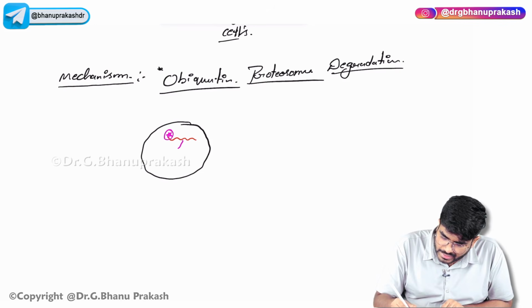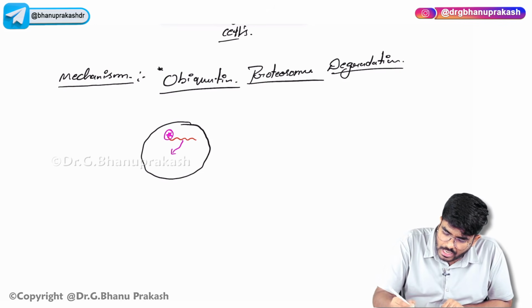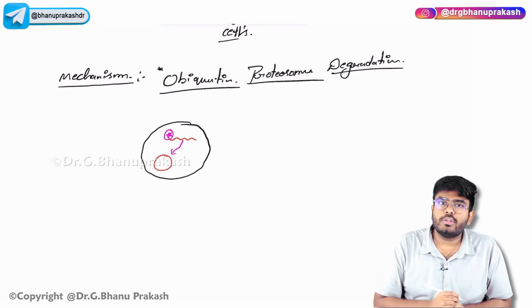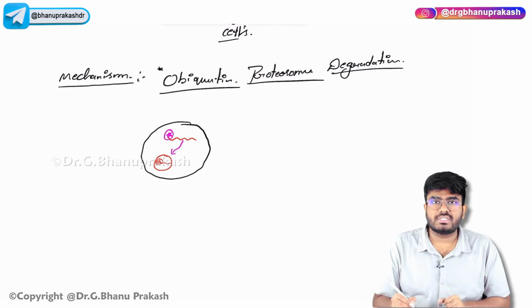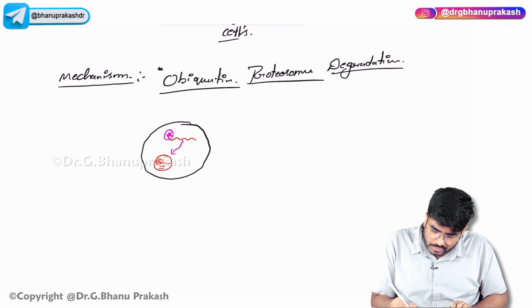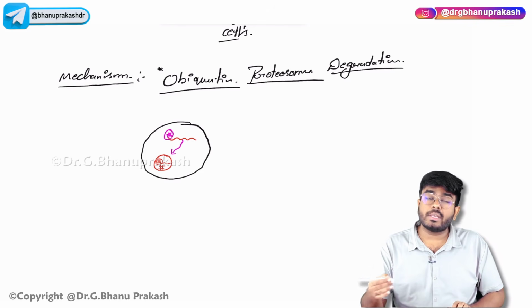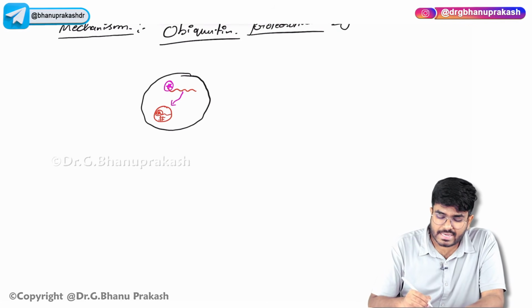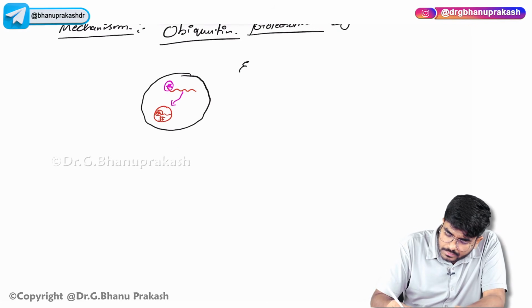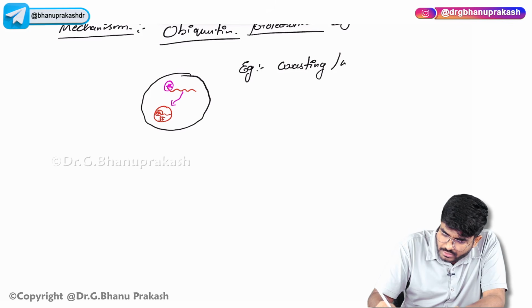The ubiquitin-tagged proteins are directed to the organelle called the proteasome, where they are recognized and broken down. This is called the ubiquitin proteasome degradation pathway. Atrophy is seen in wasting, or disuse atrophy.